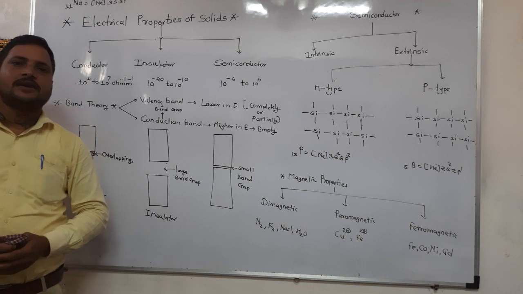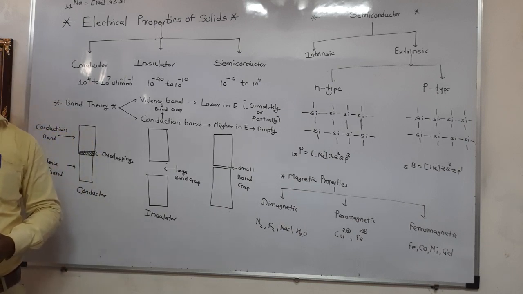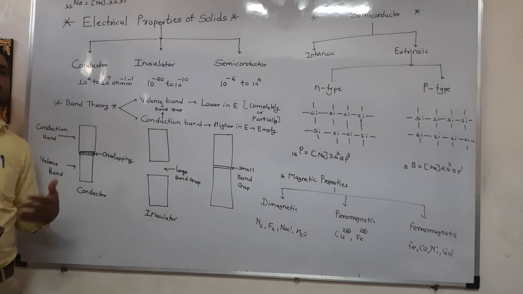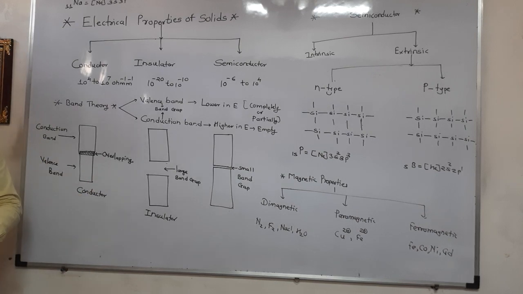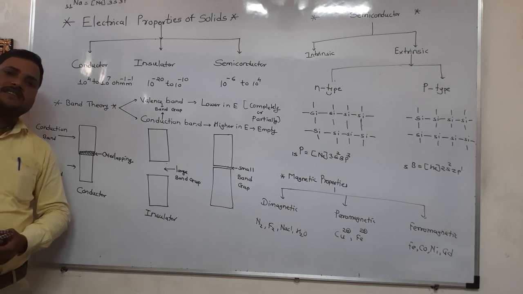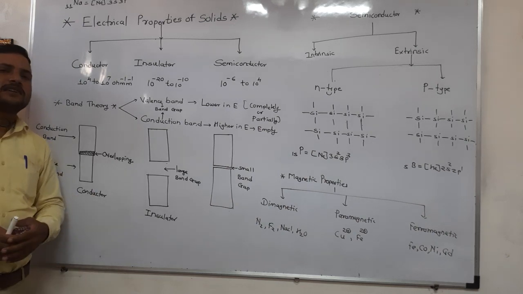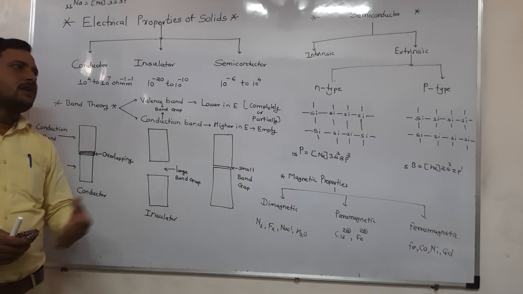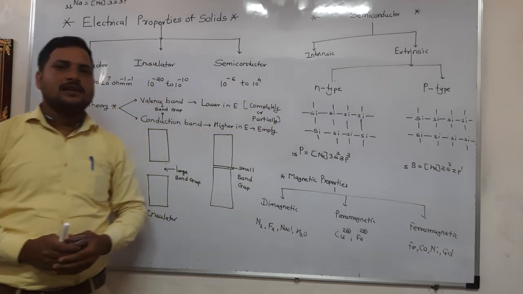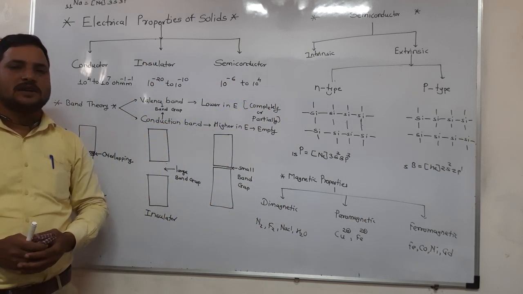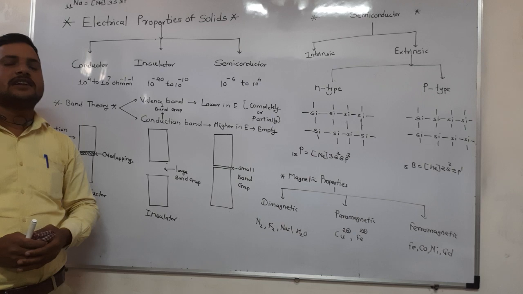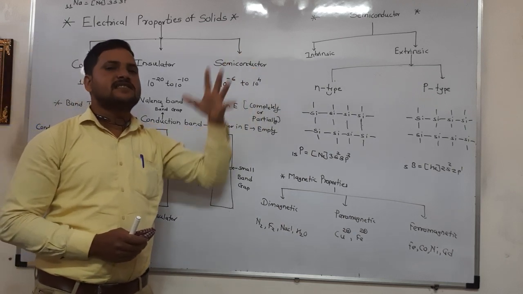Next, semiconductor, which has various applications in industry and daily life. A semiconductor has electrical properties in between conductor and insulator. The two best examples of semiconductors are silicon and germanium. This classification is based upon purity. If a pure semiconductor is present, with some finite electrical conductivity, it is known as an intrinsic semiconductor.